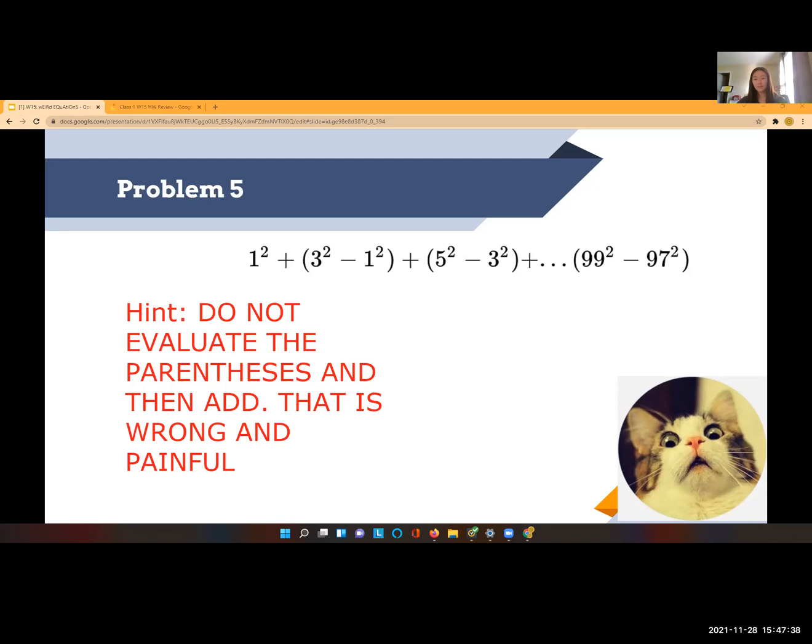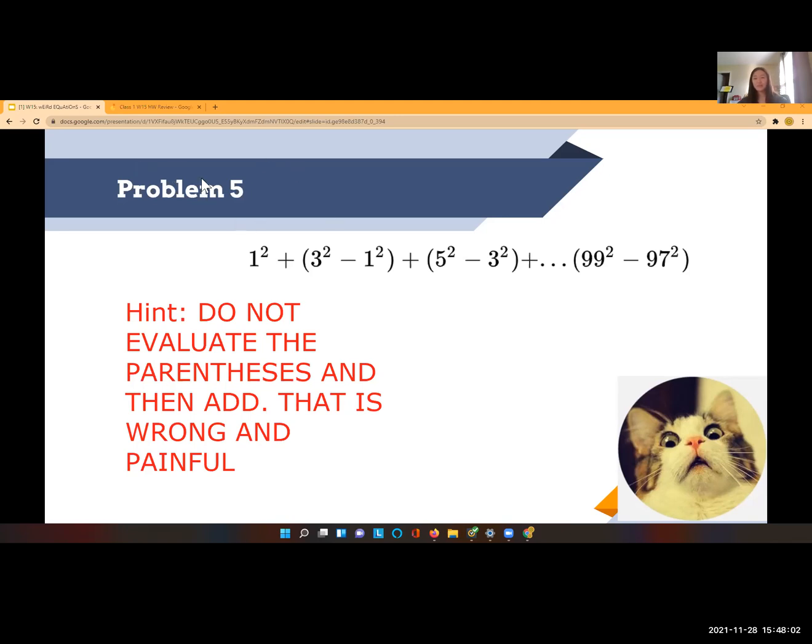Oh, I know it. Yeah, sure. Do you want to explain? 3 squared minus 1 squared, 9 minus 1 is 8. The next one minus together is 16. The next one minus together is 24. So it's add 8 every time, I'm guessing. Yeah. You guys are right. Yeah, you can do it that way, but there is actually an even easier way than that.